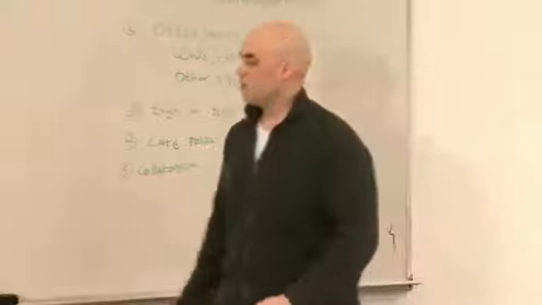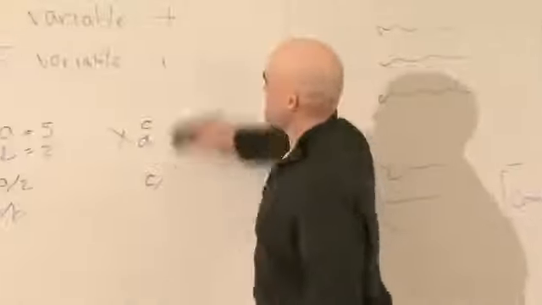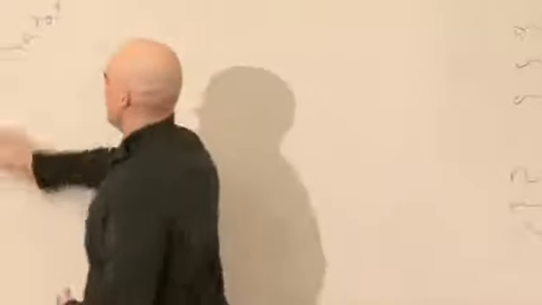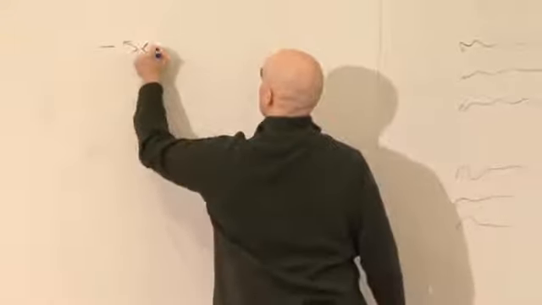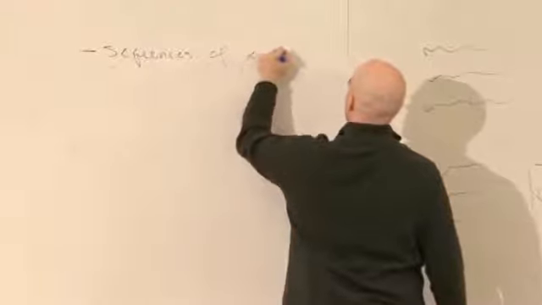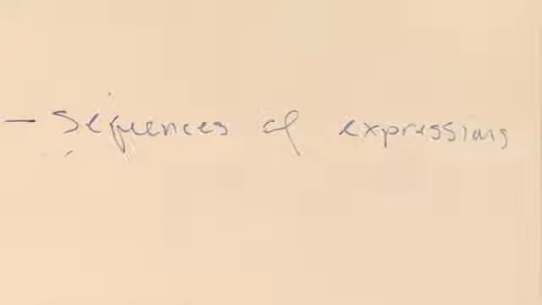So programs in Python, in all languages, are sequences of expressions, right? So this is getting back to syntax. And these expressions, they are composed of operands and operators in functions.